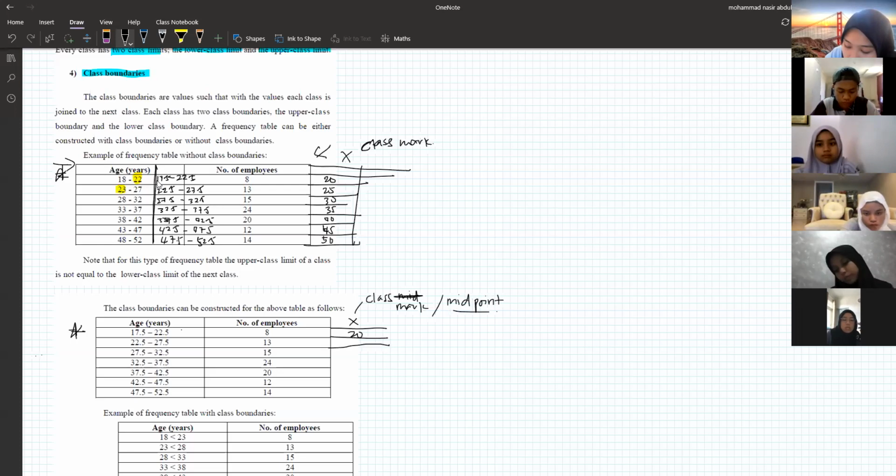This is the same example as before, so you will get the same value of class mark. So 22.5 plus 27.5 divided by 2, it becomes 25. This is 30, 35, 40, 45, and 50. So this is how we calculate class mark, right?